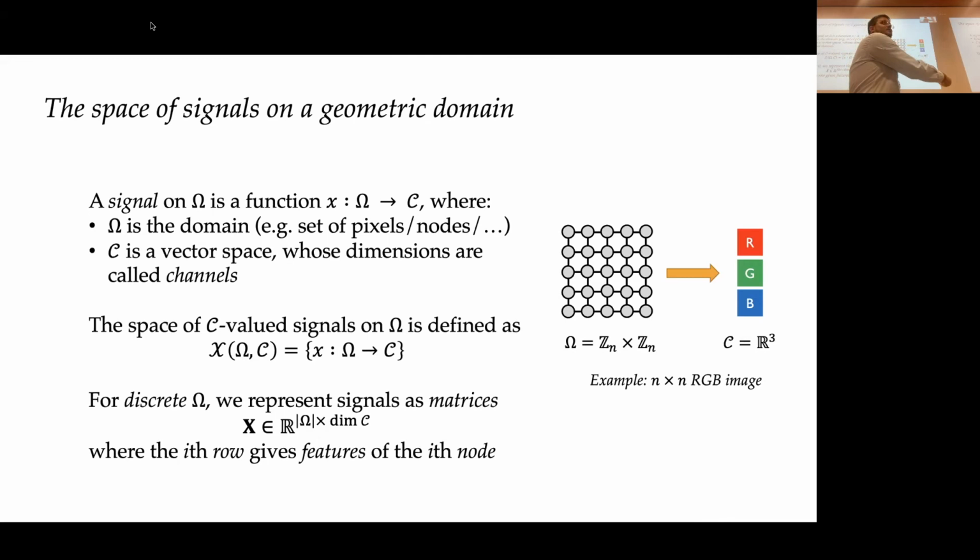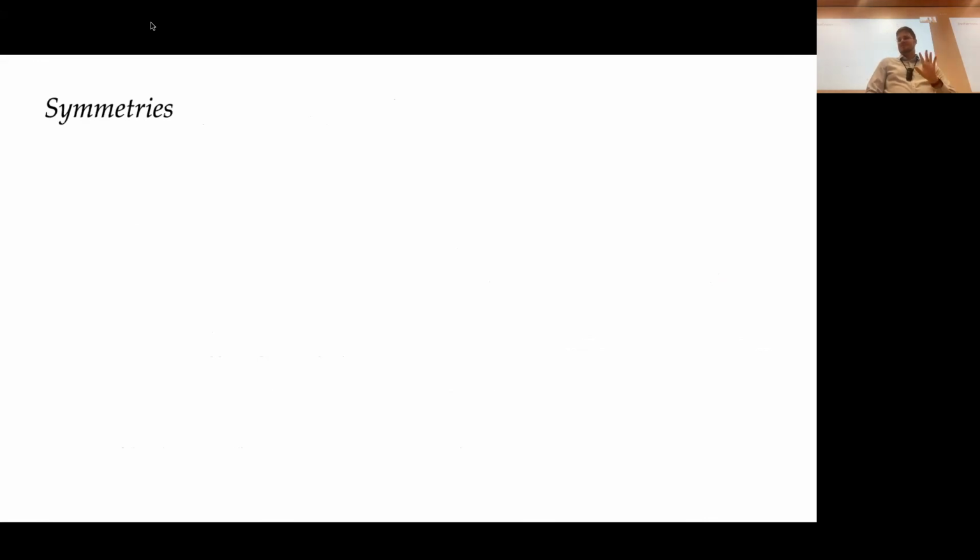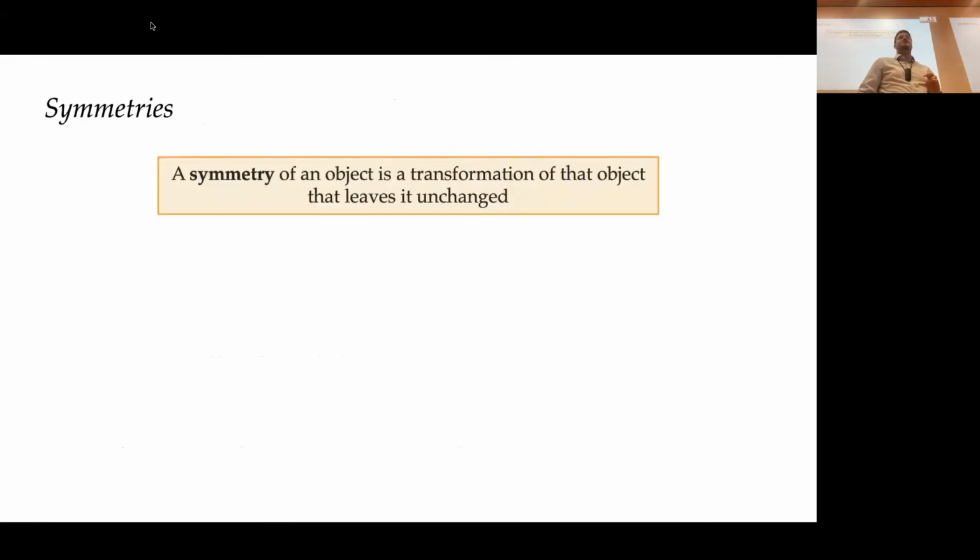We can just look at them as matrices, as we did throughout this lecture with node feature matrices, right? Matrix X, which has number of rows equal to the number of points on your domain, and the number of columns equal to the number of features that you're storing in each point. And I'll skip this point about Hilbert space structure. It's less important. Symmetries are more important.